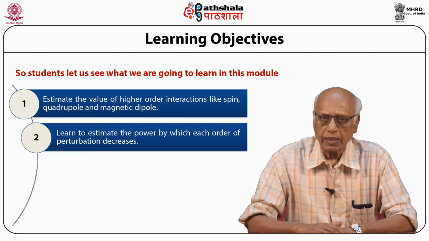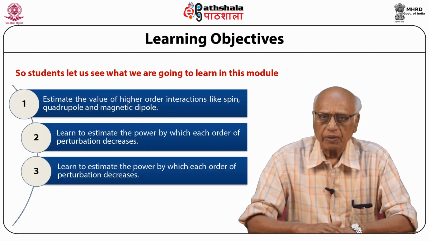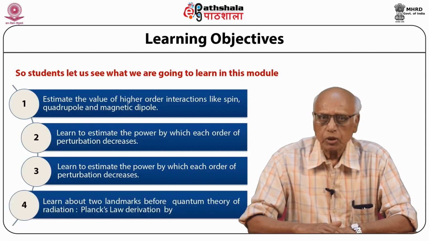You should learn to estimate the power by which each order of perturbation decreases. You would have learned the derivation of Planck's law from QED, with hermiticity playing a crucial role.